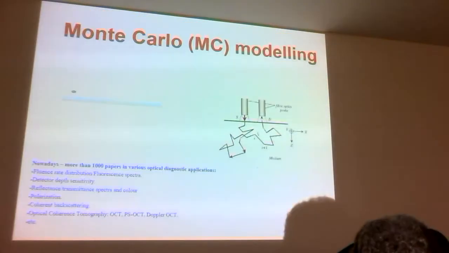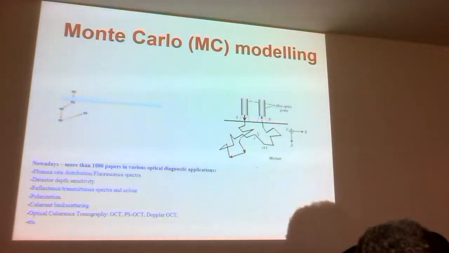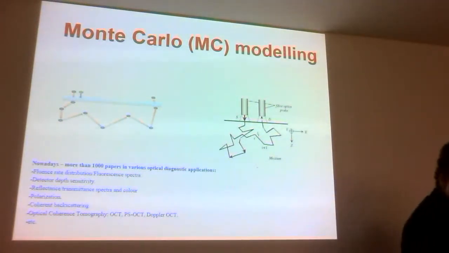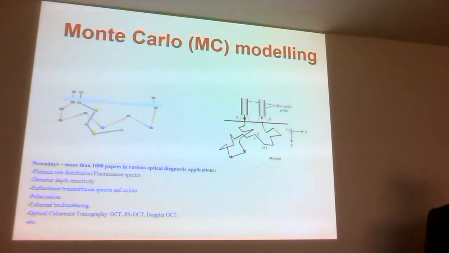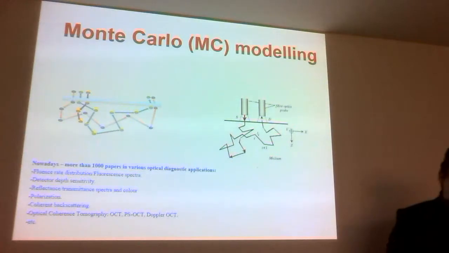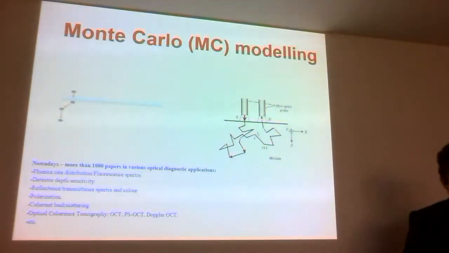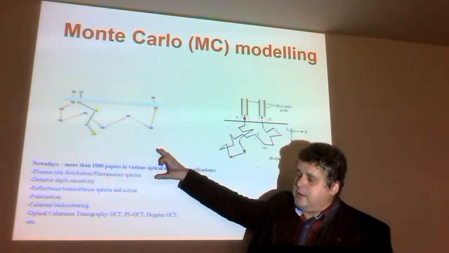And again, about the Monte Carlo. Monte Carlo is used here as a gold standard now to describe the propagation of light within tissues. And the optical properties that we use for defining the actual standardization, or for any quantitative assessment, are used in the Monte Carlo as a tool.